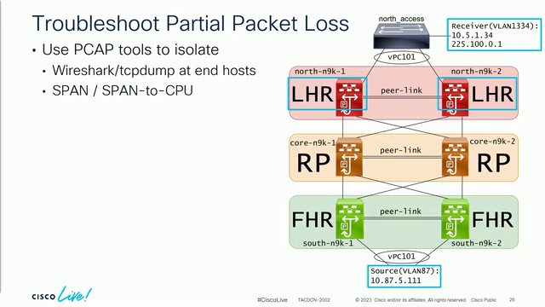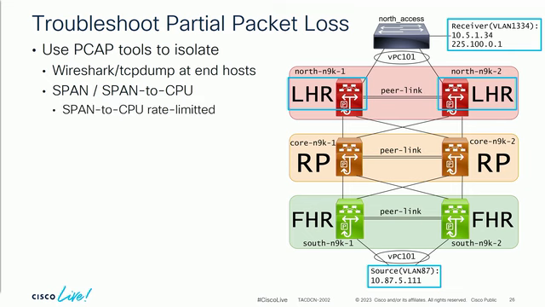Let's say in our example, we saw all the packets come to the last hop routers, but only 90% egressed. That gives us good confidence that we've isolated the issue to North 1 and North 2, and we can focus on those switches. We can do a deeper dive there.